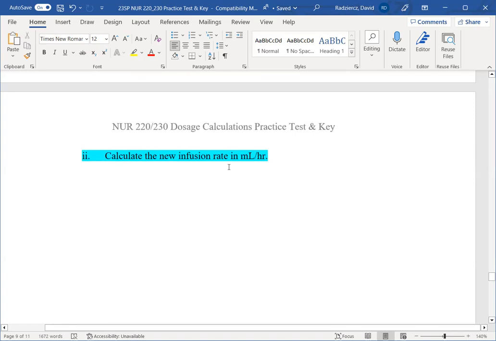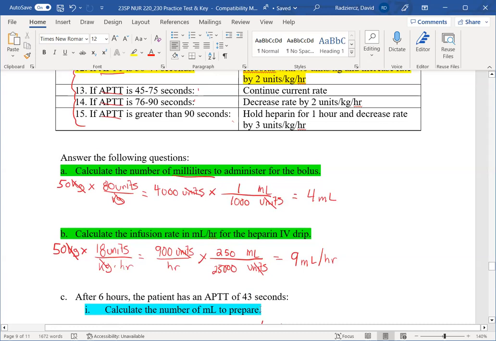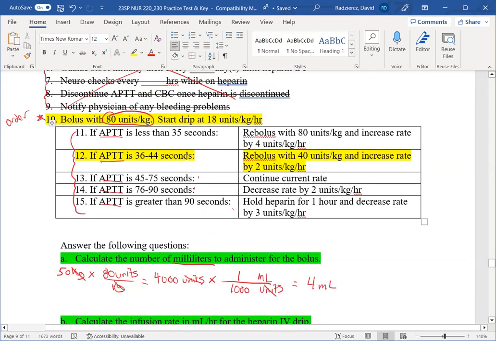All right, now it does say to calculate the new infusion rate. So if we're talking about the APTT of 43 seconds, it says to increase the rate by 2 units per kilogram per hour. What was our initial infusion rate? Our initial infusion rate was 18 units per kilogram per hour.